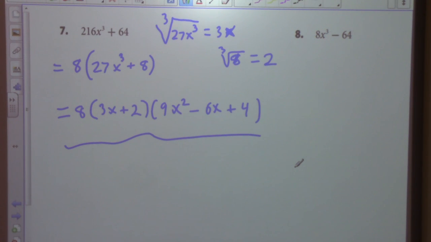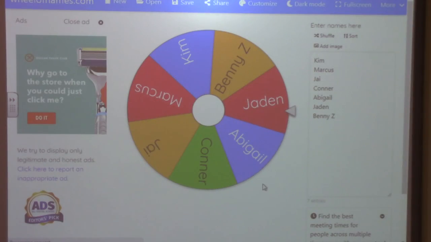What I did, I missed it. You use the difference of cubes formula for that. All right? Okay, difference of cubes. Here we go.